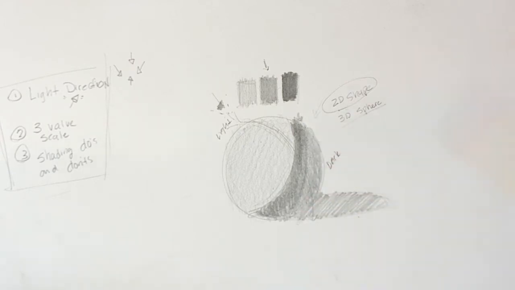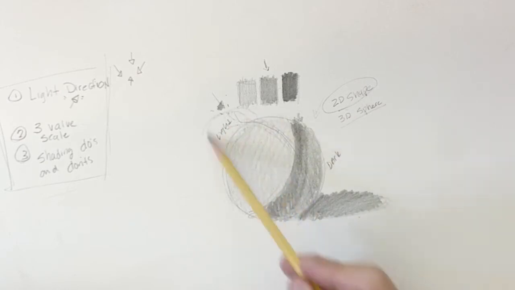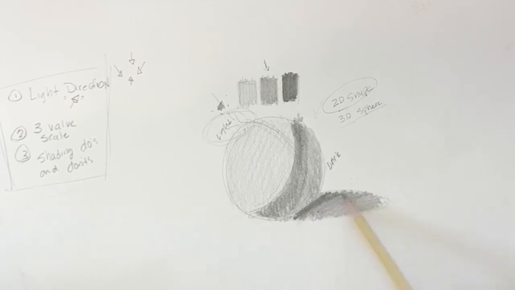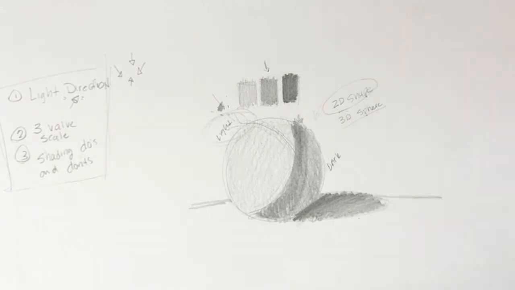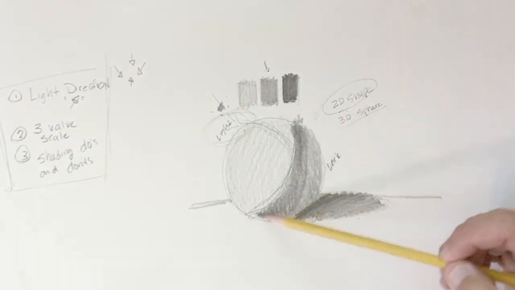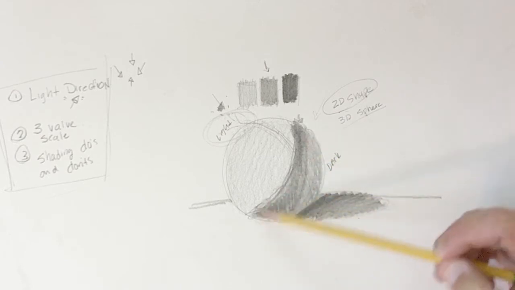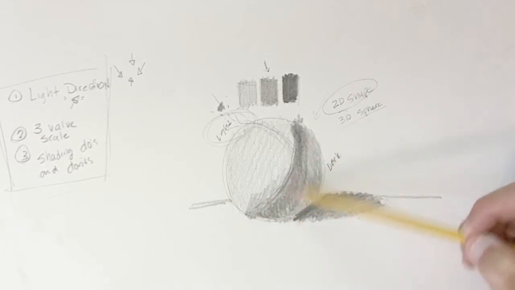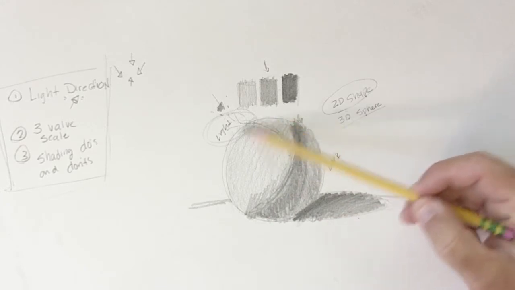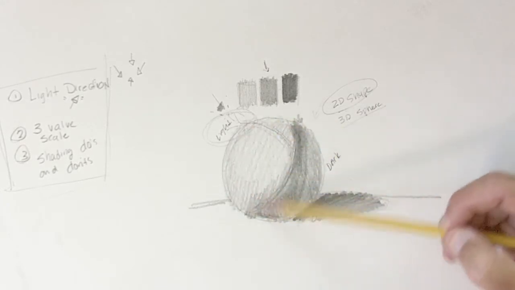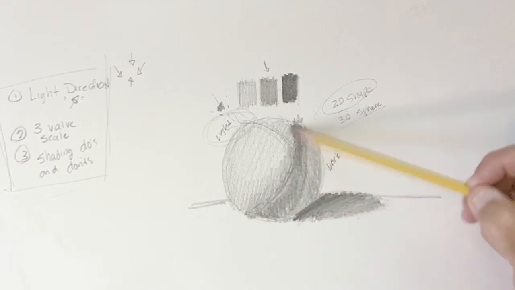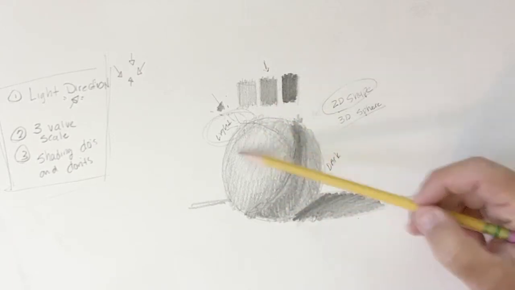Okay, now the shadow is going to be dark because what's happening is the ball is blocking the light and casting a shadow onto the table surface. So we can just draw a little table here. Okay. All right. So this core shadow blends to the highlight real lightly. Okay. You can kind of see how I'm just kind of blending this out to a number 1 value.